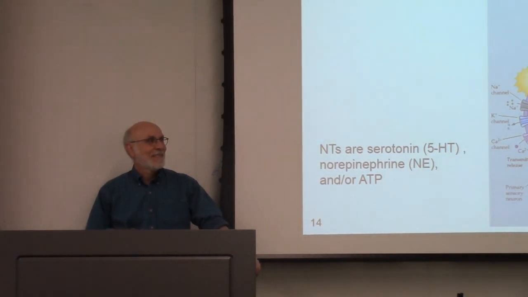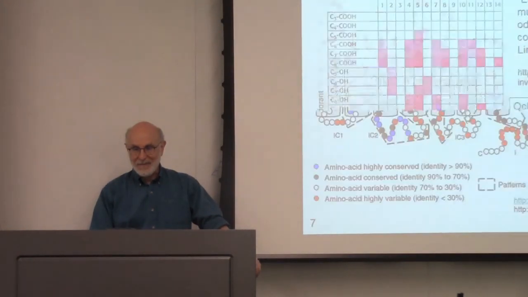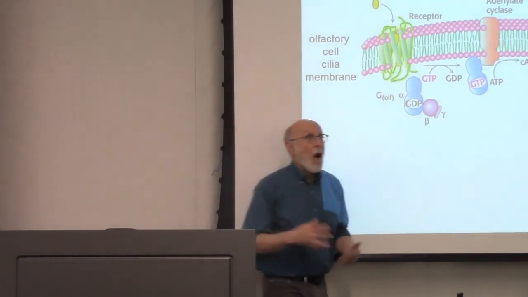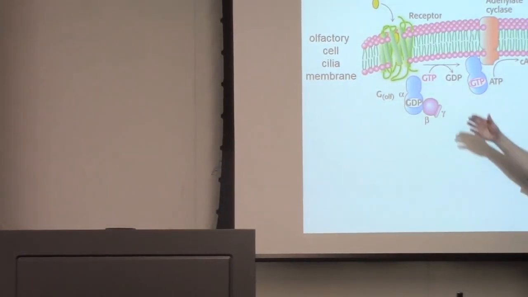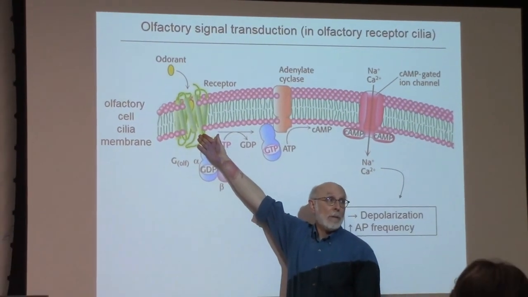Okay, let's look at olfactory. We have more than 5 modalities of olfaction, way more than 5, like 10,000. All of them start with an activation of a GPCR. Simple.